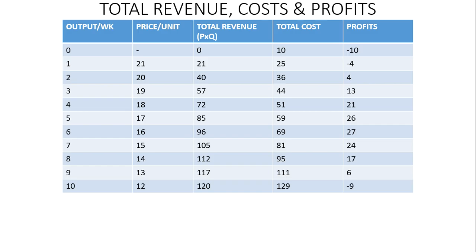If this firm produces 10 units, the revenue is 120. You see why we are saying that you can maximize your revenue, but that does not necessarily mean that you can maximize your profit. Why? With profit, you have to pay attention to the cost side.